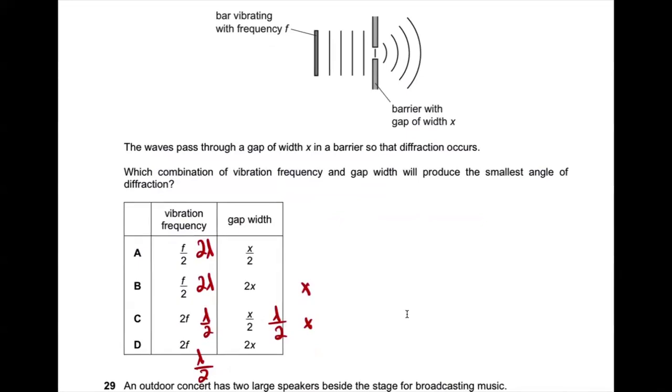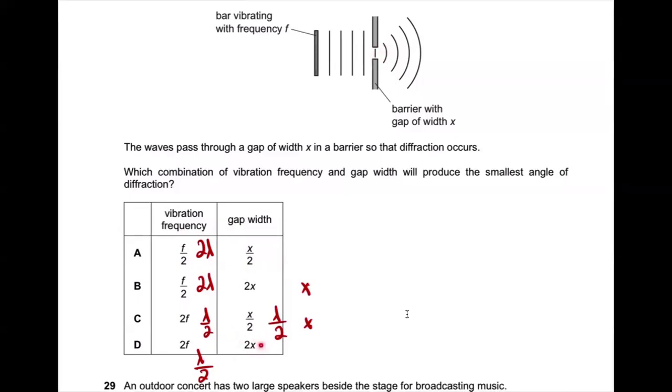The answer is this: if you have the smallest wavelength versus the largest gap width, that is going to lead to less diffraction as compared to this. If you have a small gap width, there would still be some diffraction. Yes, it would be reduced, but there would still be some.